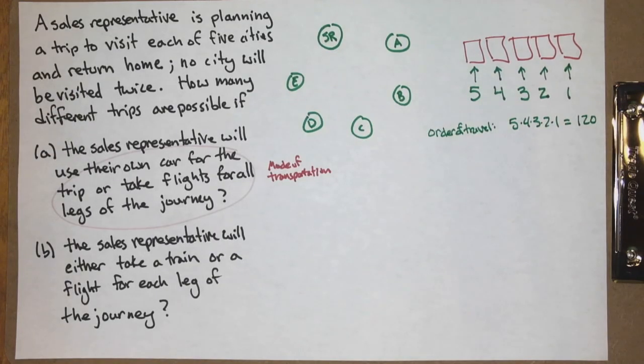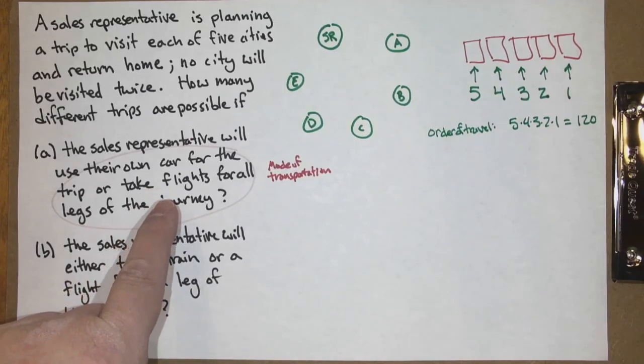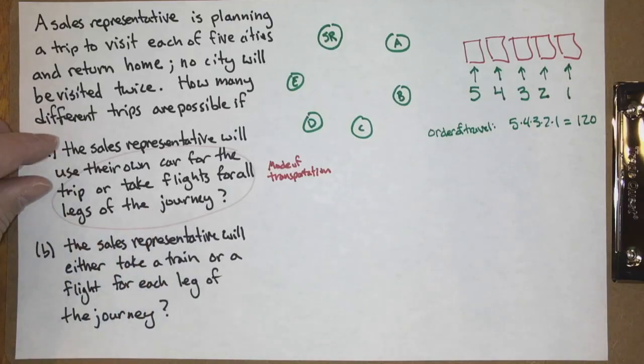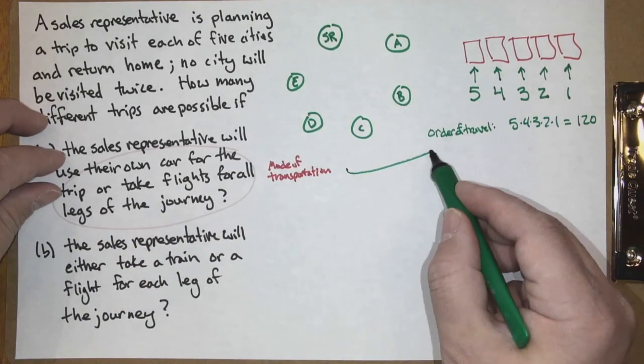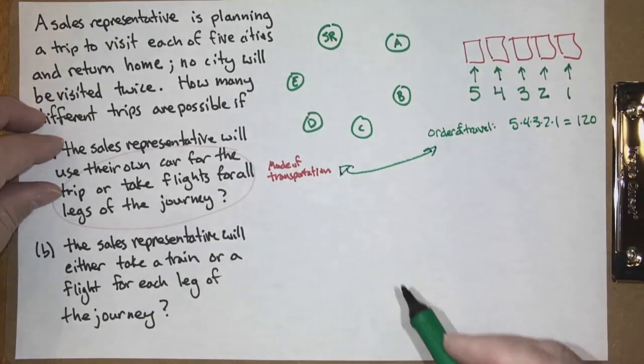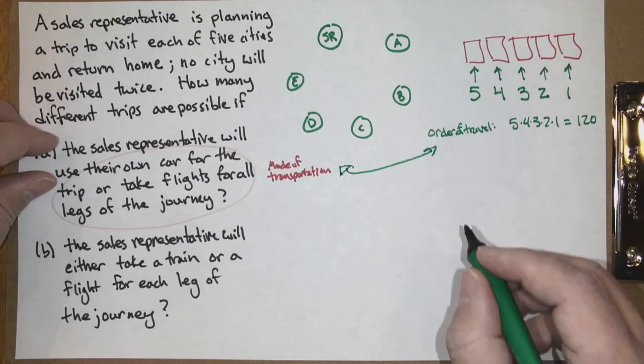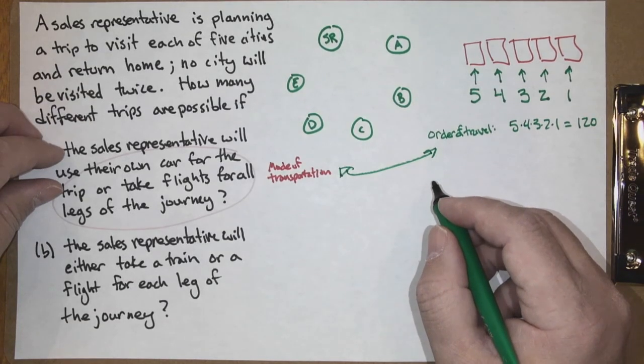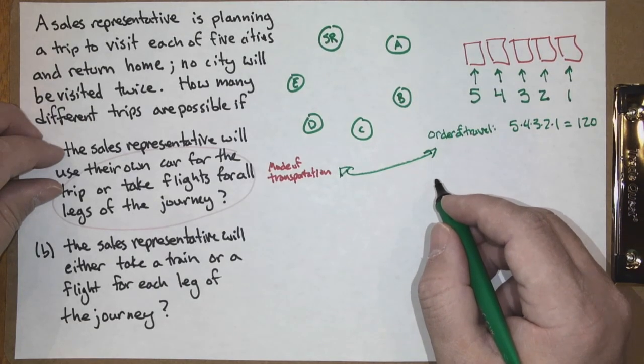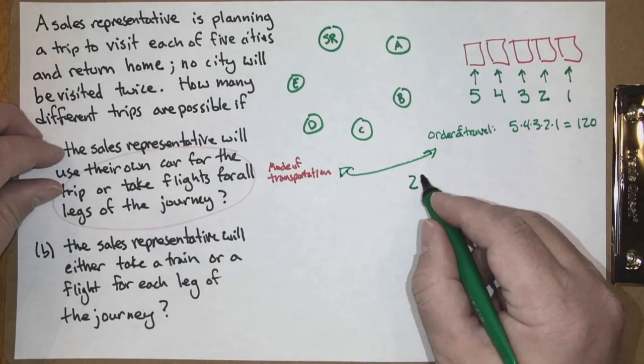All right, so how many different methods of travel, or modes of transportation, do we have to pick from? 2. So now we combine the order plus the mode. What's our final answer? Is it 122? No. It's 240.